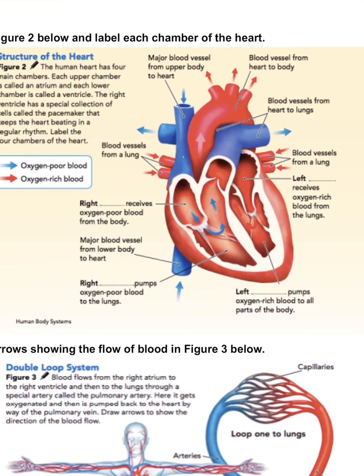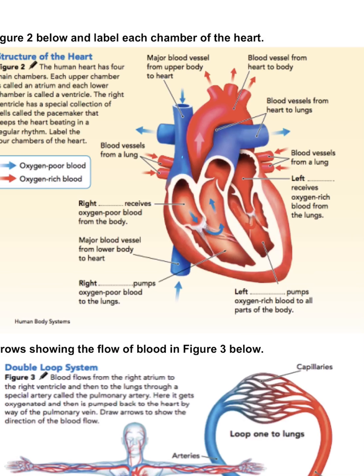So over here, looking at the chambers of the heart, on the top of your heart, you have the atria. So this one would be your right atrium. And on the top over here, your left atrium. And on the bottom, you have your ventricles, so right and left ventricles.